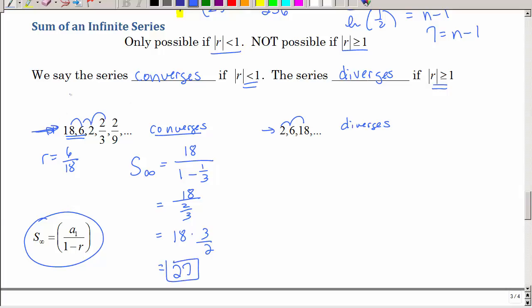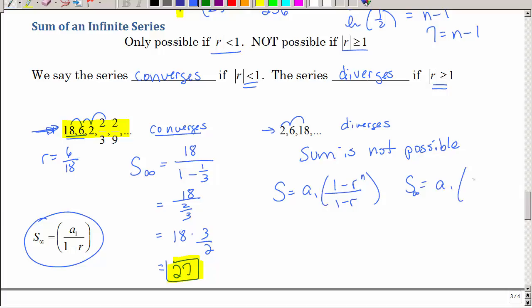So even if you took this out to infinity, which you really can't, but think about it, those numbers would get so small, if you added them all up, you would get 27. This one, the sum is not possible because you're adding larger and larger and larger numbers. Can't get there.